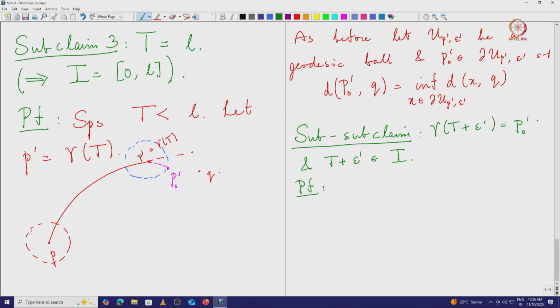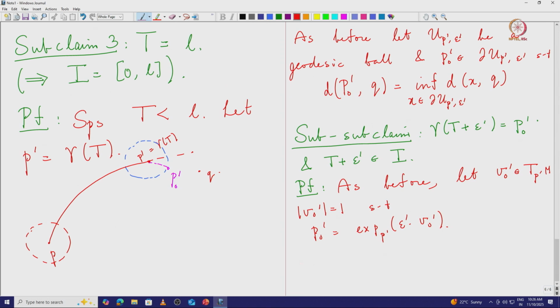All right, so as before, let V naught prime be a tangent vector at P prime whose norm is 1, such that P naught prime is the exponential at P prime of epsilon prime times V naught prime.